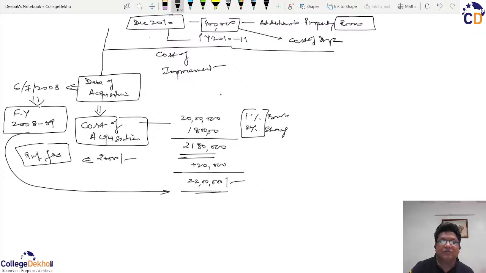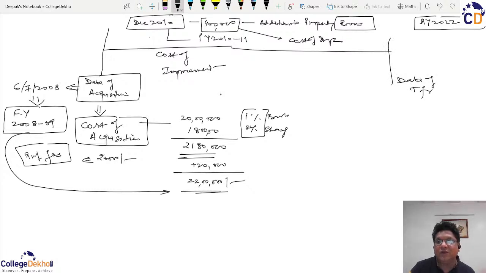Then after so many years, because we are focusing on the assessment year 2022-2023, if I believe that the asset has been sold, that will become the date of transfer of the asset.